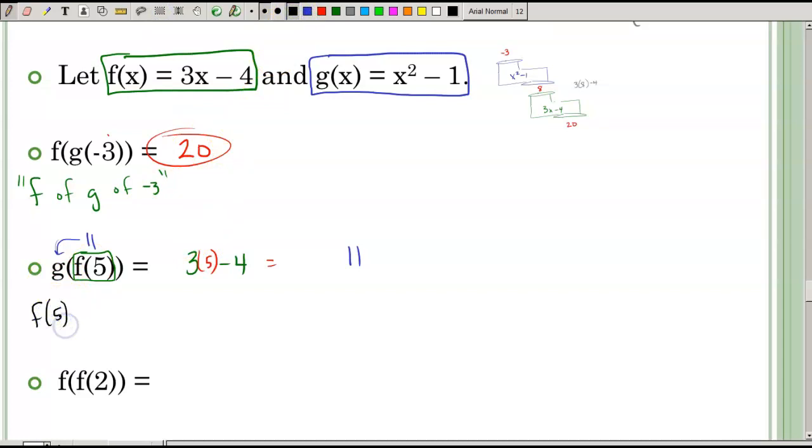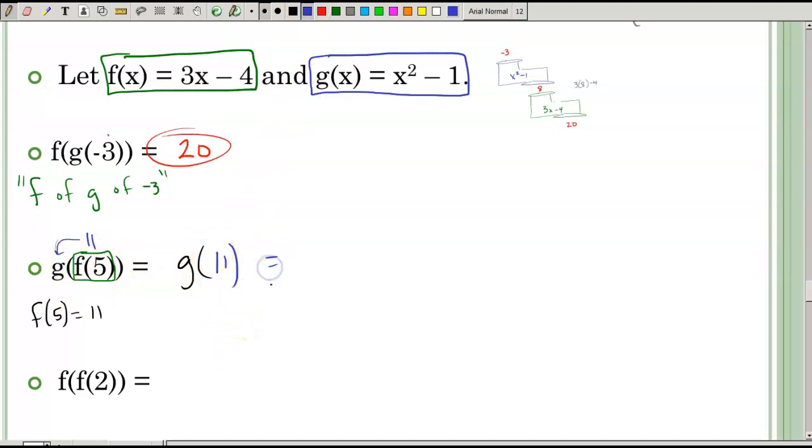If I was doing this separately and asked what is f of 5, I get 11. Now that I figured out what f of 5 is, my problem becomes g of 11, because I just figured out that inside problem.